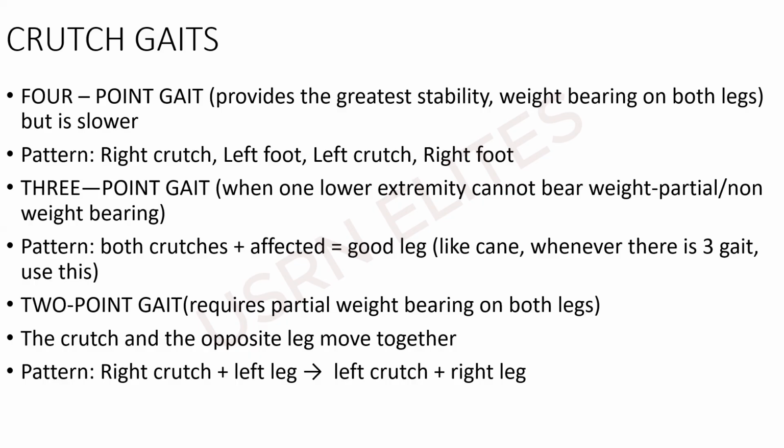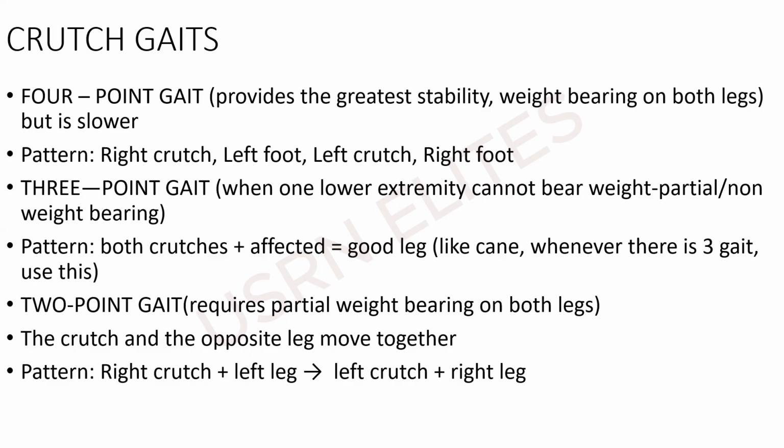4-point gait. When you see all these things, it means that there should be a number of either the leg together with the crutch on the floor. So 4-point gait, they're going to have 4 items on the floor.